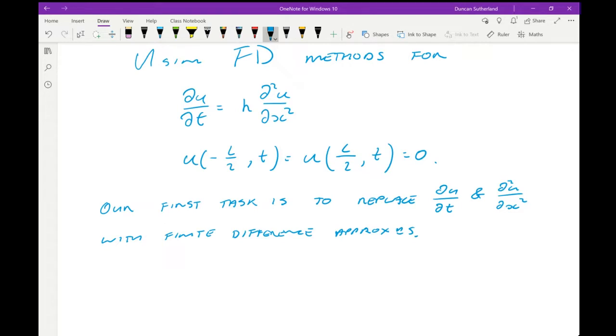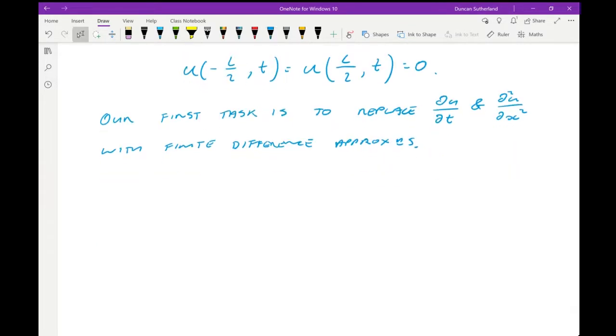We're going to have a time subscript and a spatial subscript, right? If you like, we're going to work on a net, it's called a net sometimes, that looks like this. This is our spatial part.